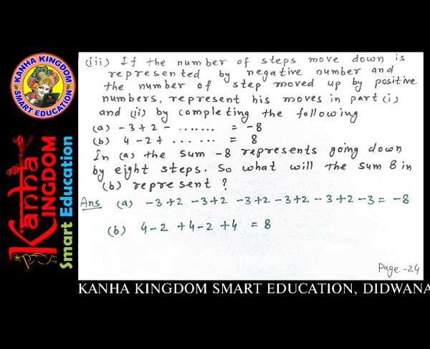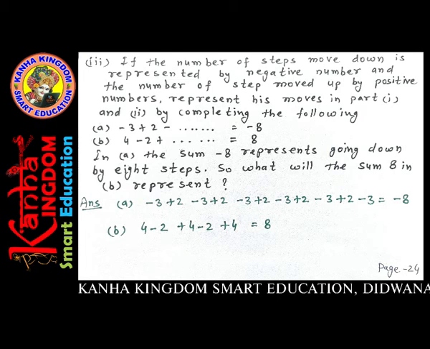In the first part we have to jump 11 times, so we note down -3 plus 2, -3 plus 2, -3 plus 2. These are 11 jumps. The addition of all these numbers is -8.